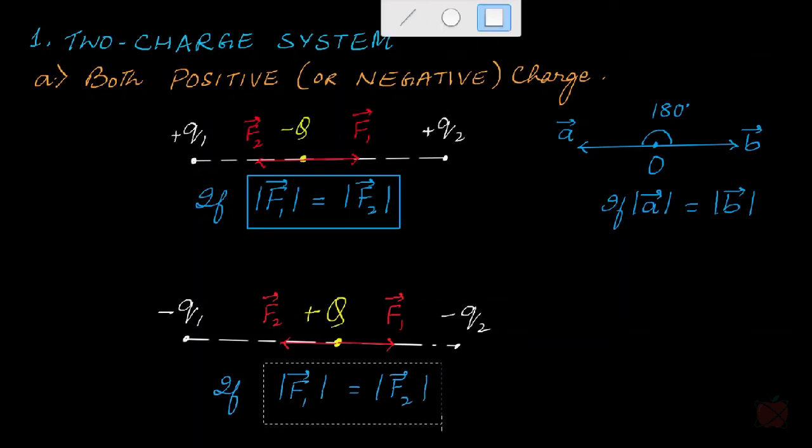Now what will happen if both the charges are not of the same sign? How will they be in equilibrium? That is basically the question.